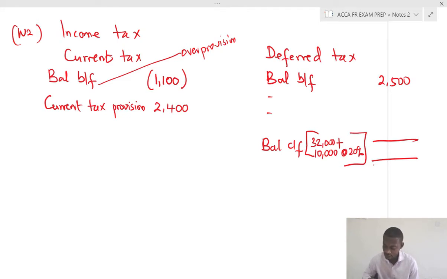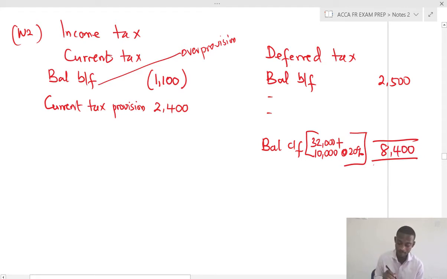So I'll say revaluation tax, and that should be based on the 32,000 only. So the 32,000 only, the revaluation tax on it. So 32,000 times 0.2, that gives me 6,400. And this was supposed to increase the balance. So it means that the actual movement in the deferred tax year, which will go to P&L, I'll look at this.